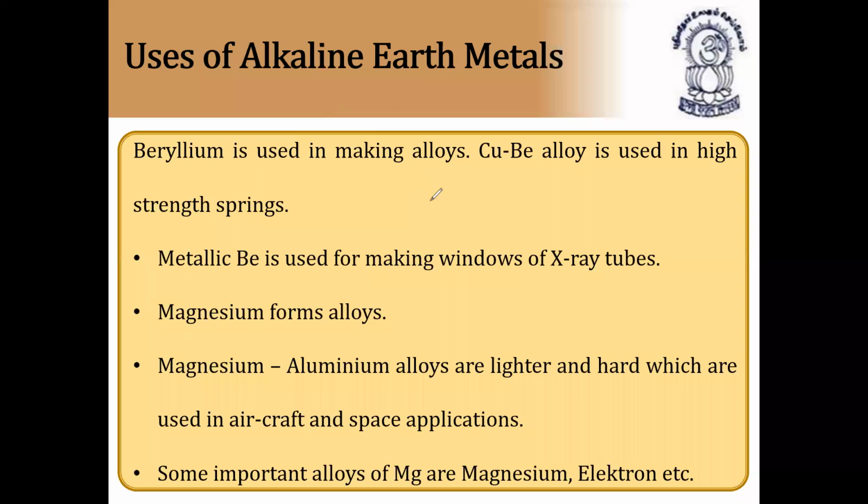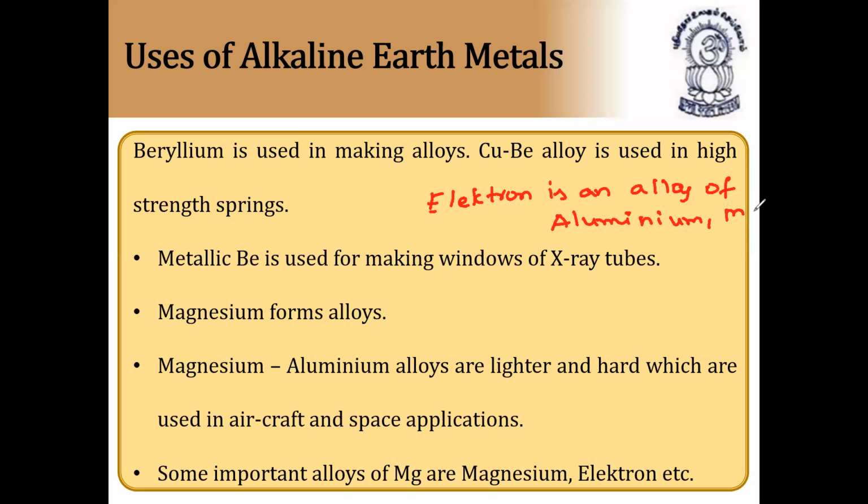I'll write it here itself, because they'll ask in the examination: electron is an alloy of aluminium, magnesium, silver, etc. So mainly it consists of aluminium and magnesium.